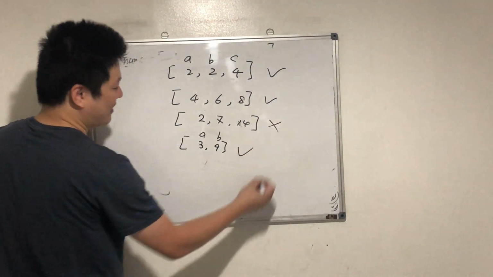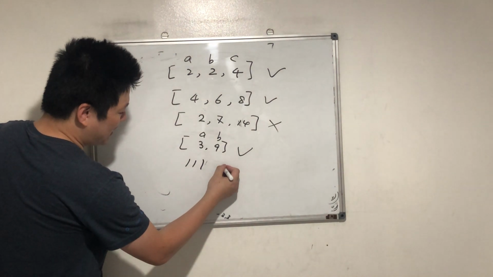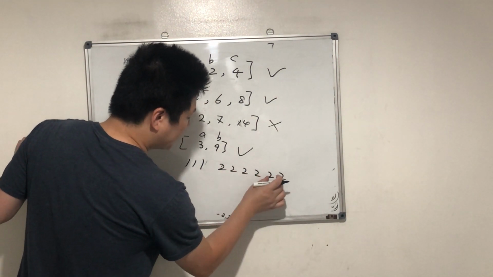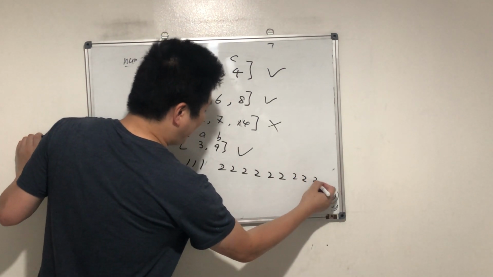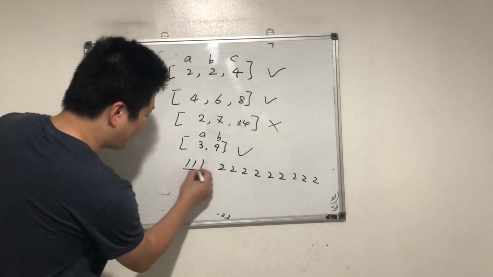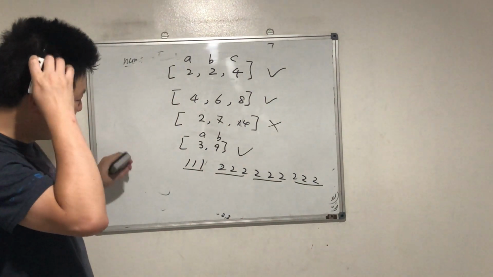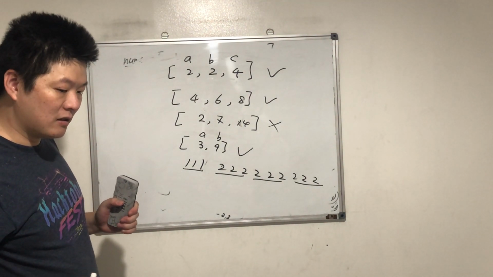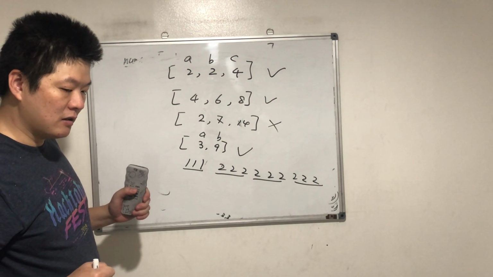Look, 1, 1, 1, and then there will be 2, 2, 2, 2, 2, 2, 2, 4, 6, 8, 9. Okay. So you can group it. That's 1, 2, 3, 4. Yeah. Okay.